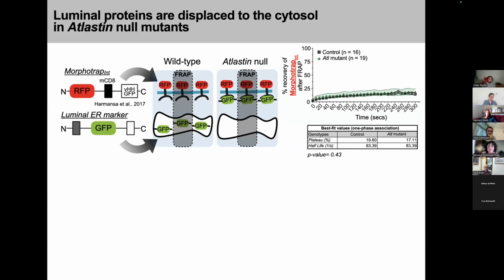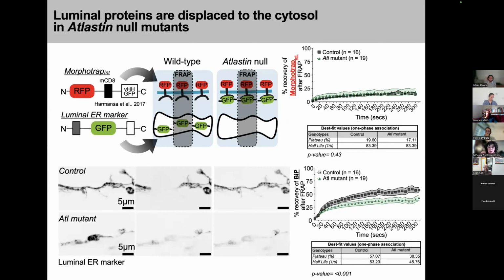And so to gain an idea of how this binding will affect the dynamics of the luminal protein, we turned again to FRAP and found that the MorphoTrap actually had really low recovery, suggesting that if the luminal marker were to bind to this membrane tethered nanobody, it should slow down its diffusion, which is exactly what we saw.